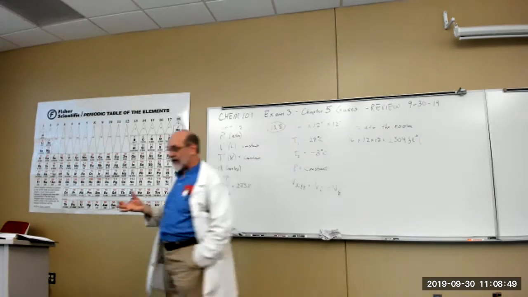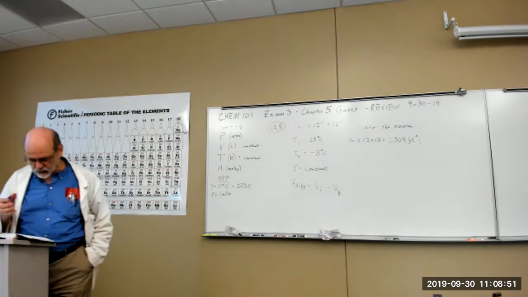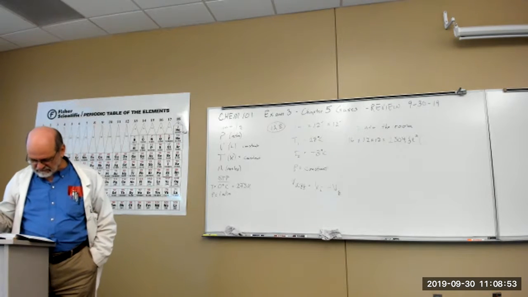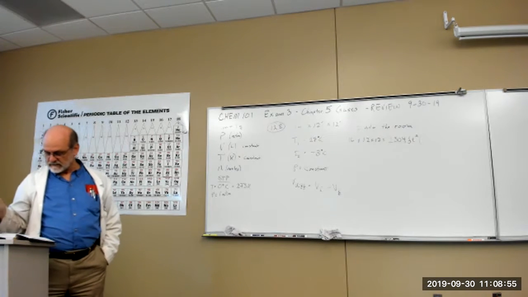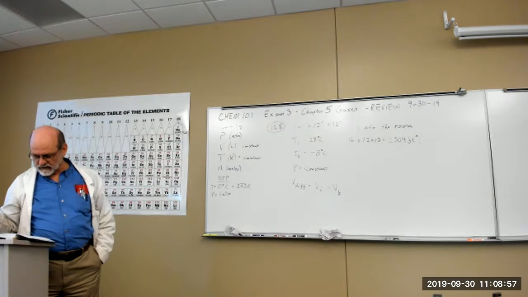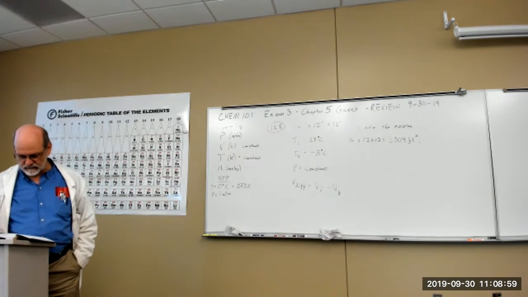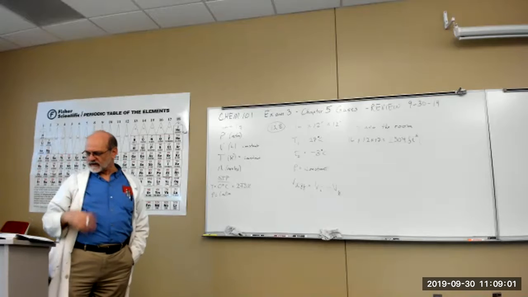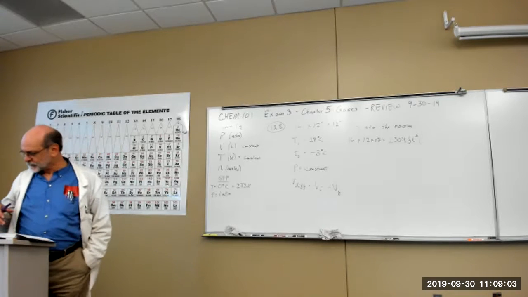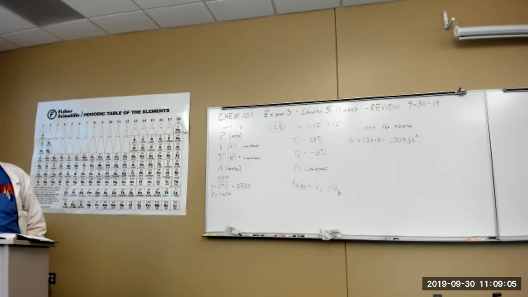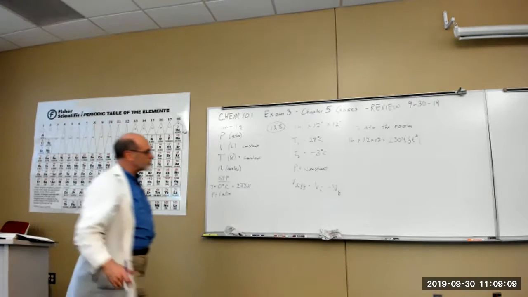So we need to convert this to what? Well, it depends on the answer. What is it looking for? Cubic feet. Determine the volume of air that moved in. It doesn't say convert it to anything, so we can go with cubic feet. All right, so we're going to use Charles' law.